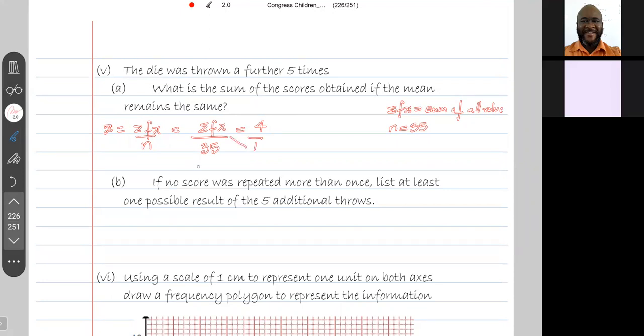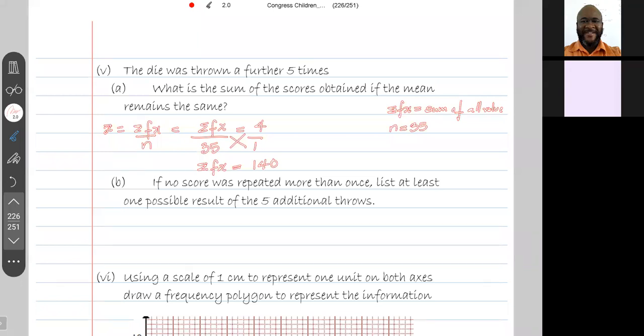Then 1 times the sum of fx is the sum of fx, equal to 35 times 4, which is 140. So guys, what this is saying is that the die was thrown an additional 5 times.